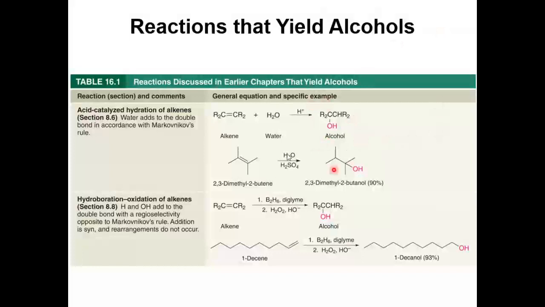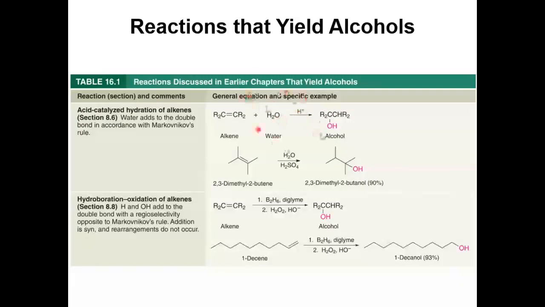And also, when the two double bonded carbons have different substitution, you will see the regioselectivity of the formed alcohol follows the Markovnikov rule in one case, and in this one, the alcohol product is opposite to the Markovnikov rule. Like here, the OH group adds to the less substituted carbon of the double bond.